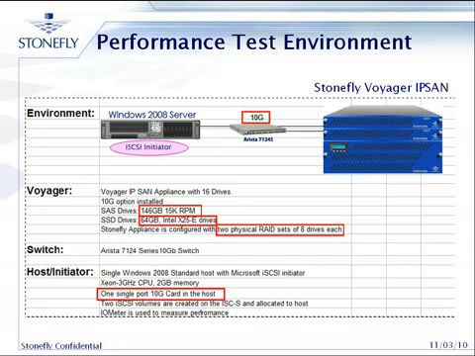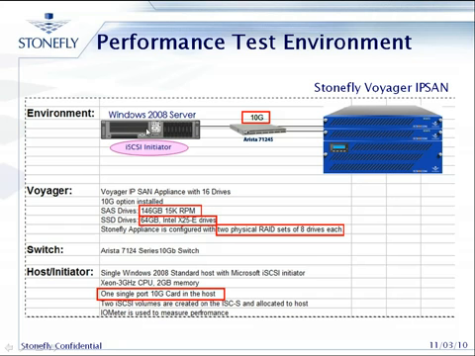So we did some performance tests, and I wanted to show you some results so you can get some idea about how these different factors affect the performance. The performance test was done with one of our IPSAN appliances, which was a Voyager.